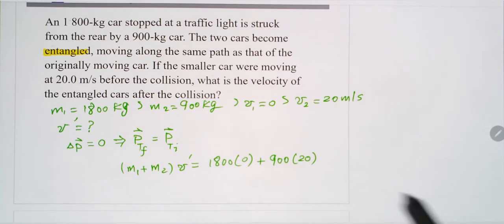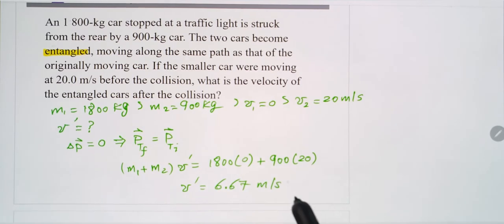So we just put the numbers, so V prime will be equal 6.67 meter per second. So both cars, after the collision, will go forward at this speed, or velocity in one dimension is positive velocity. So both cars will go in the same direction as the second car.